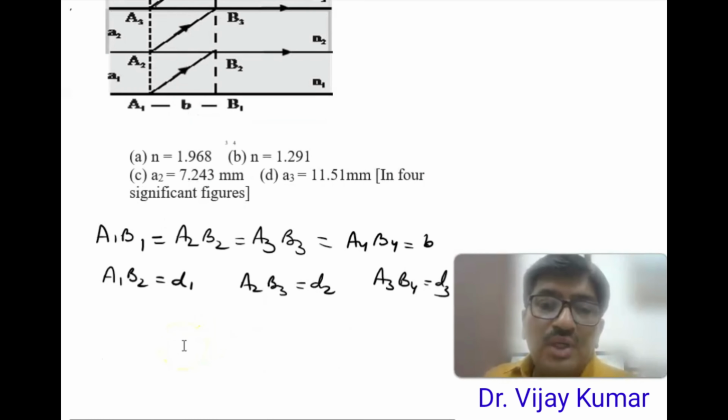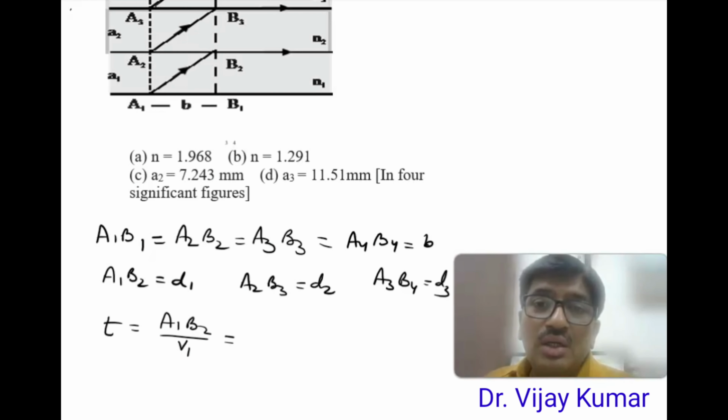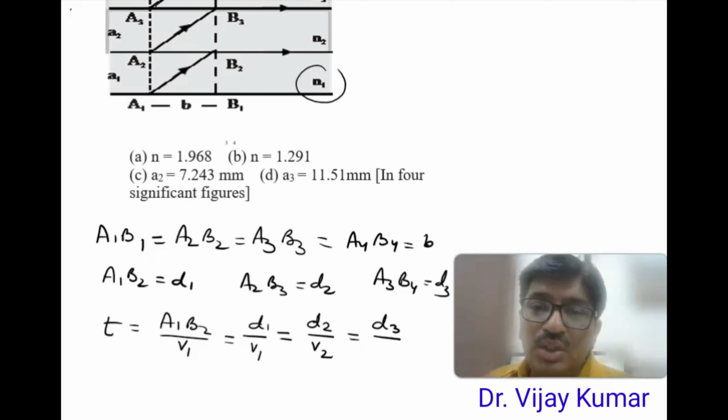And we know that time t equals A1B2 upon V1, if V1 is the velocity in refractive index N1. So A1B2 means D1 upon V1, and the same time should be taken in the refractive index N2 layer, that is D2 upon V2, and the same time in the third layer, D3 upon V3.